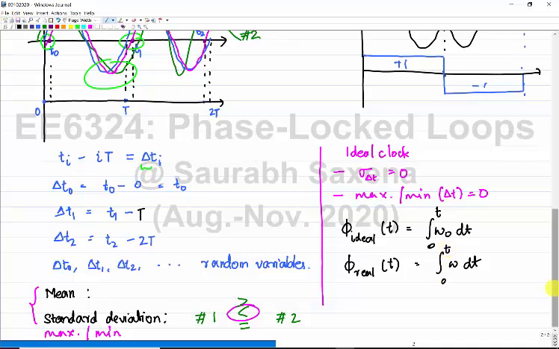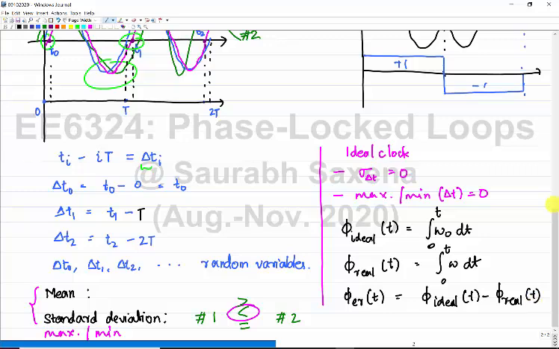This is a real clock. So the phase error between the two, phi error of t, is nothing but phi ideal of t minus phi real of t.